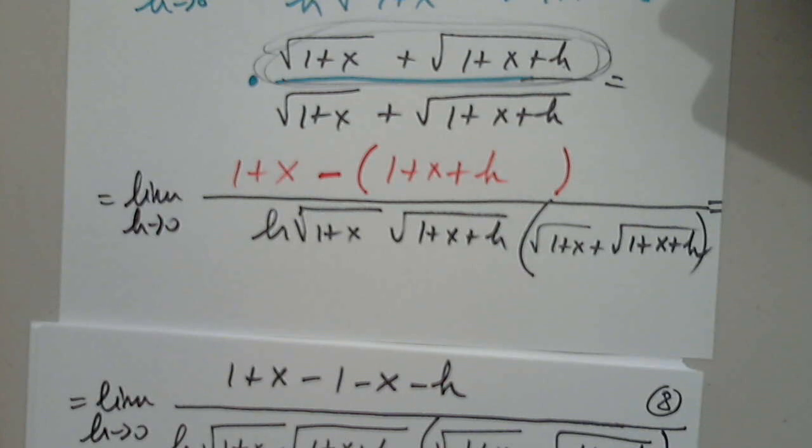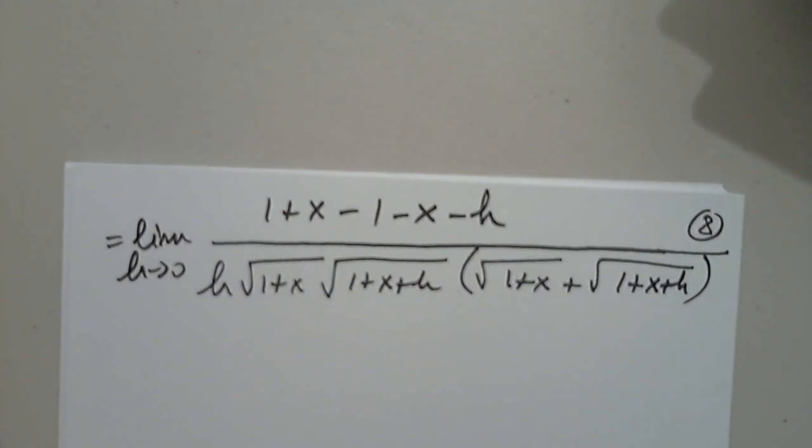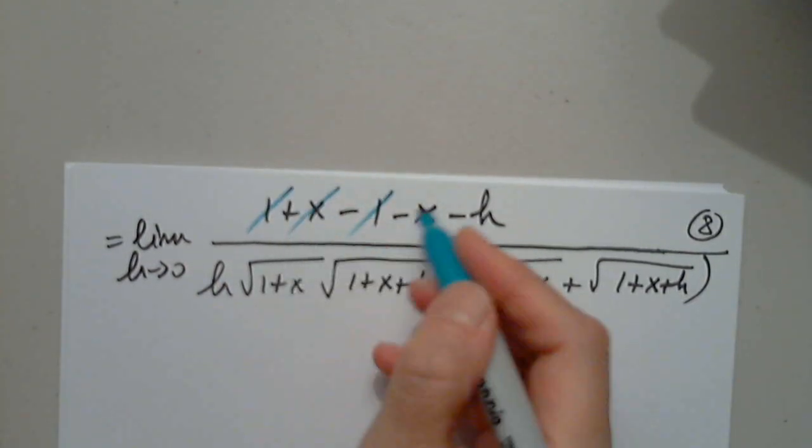What has to happen next? If it doesn't, I'll say, oops, something is wrong. Positive 1 minus 1 cancels. Good. All terms without h must go away. Good.